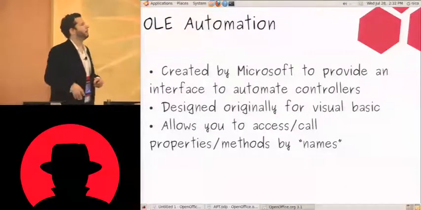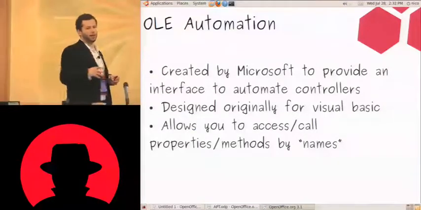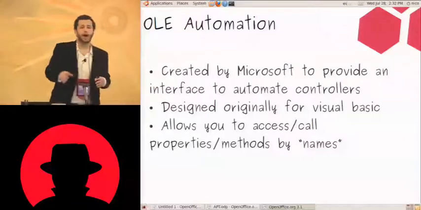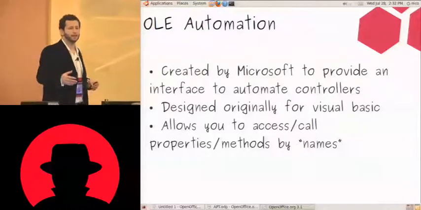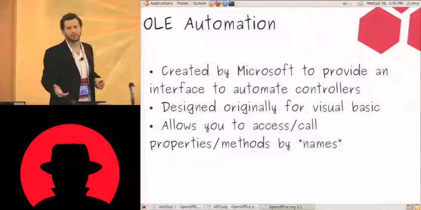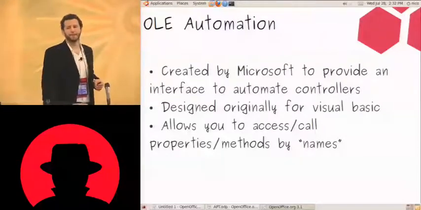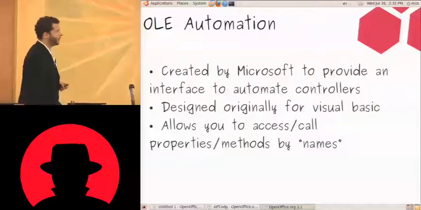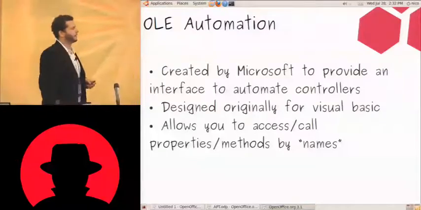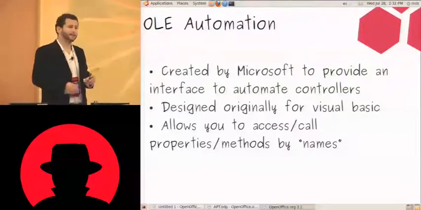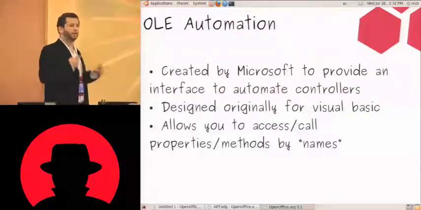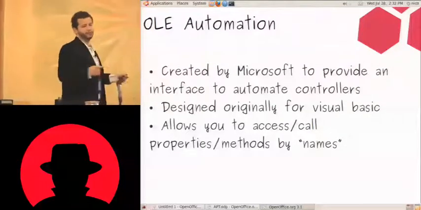After creating COM, they came out with a new way to automate objects in order to use them in programming languages such as JavaScript or Visual Basic Script, which are managed languages. So in order to do that, they created a new interface called IDispatch. And IDispatch is basically doing the resolution of functions based on names.